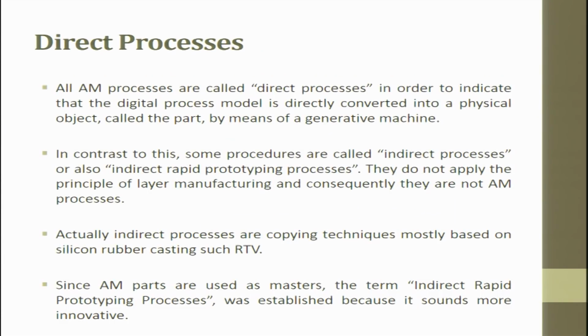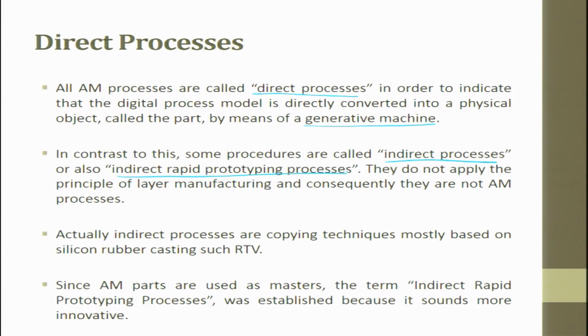So, all AM processes are called direct processes, to indicate that the digital process model is directly converted into a physical object, called the part, by means of a generative machine. In contrast to this, some procedures are called indirect processes, or indirect rapid prototyping processes.